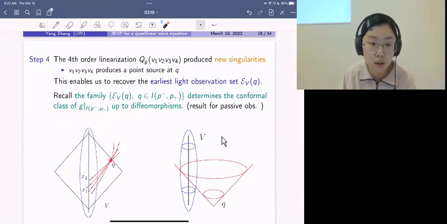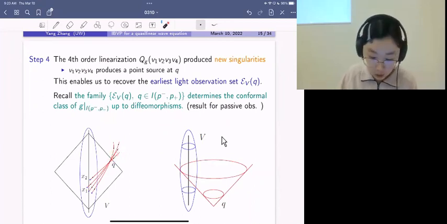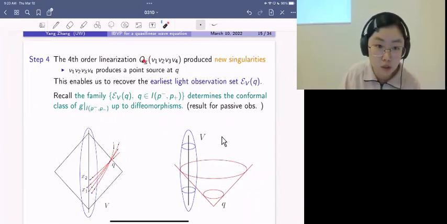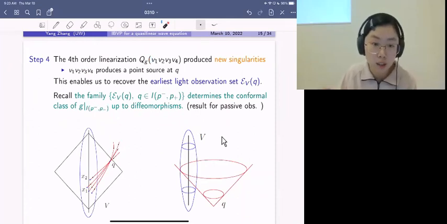So this point source has singularities in all directions, and after applying the parametrix, the singularities will propagate along the bicharacteristics.